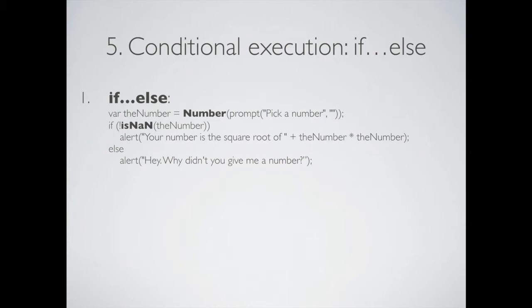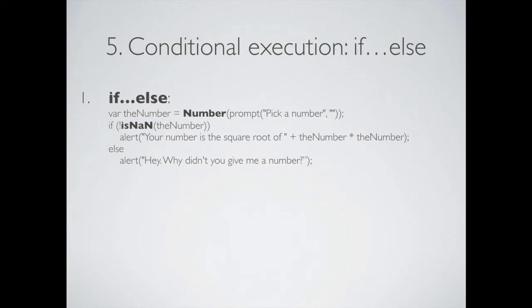So here we got another function called isNaN, which means not a number. That's what happens when somebody inputs a letter or something that's not a number. You will get a value of NaN, which means not a number. So we check if the number we got is not a number or not.